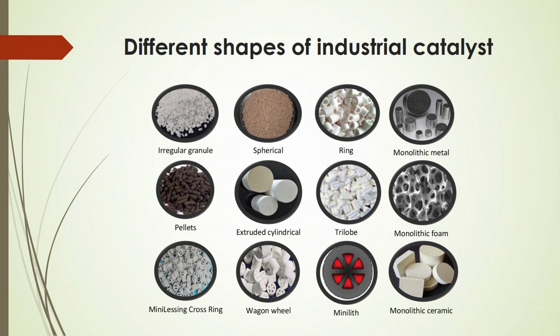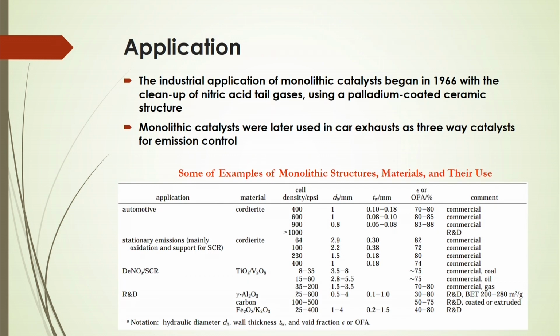Even wagon wheel shaped particles are sometimes used for particular chemical engineering processes, and also cross ring solid catalyst particles. There are different shapes of industrial catalysts given here, that you can have a look at, and you can also get an idea of how different shapes may act on industrial processes by the catalyst's presence.